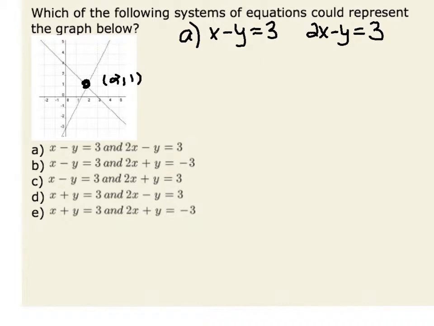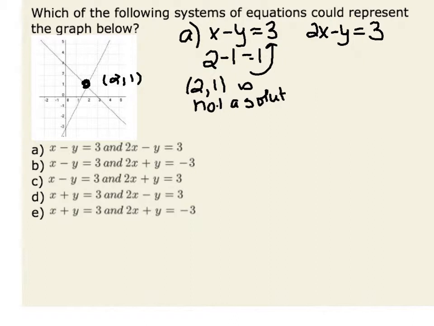Therefore, when x is 2, y is going to be 1. In the first equation, when I substitute x equal to 2, I get 2 minus 1, which gives me 1, which does not equal 3. Therefore, 2, 1 is not a solution to this system of linear equations.